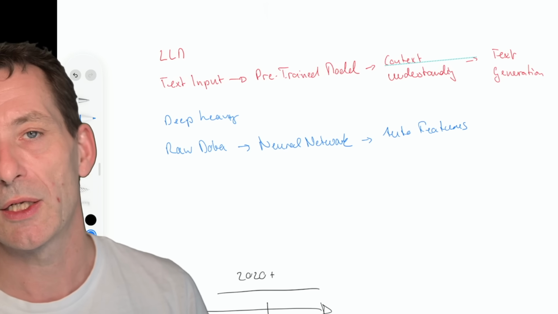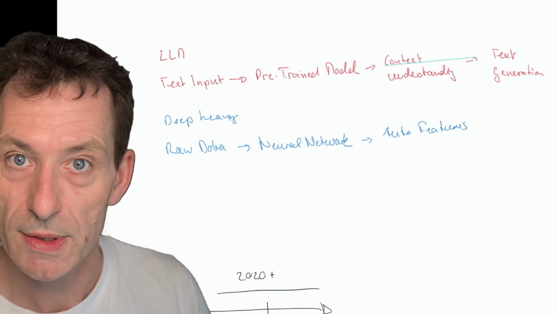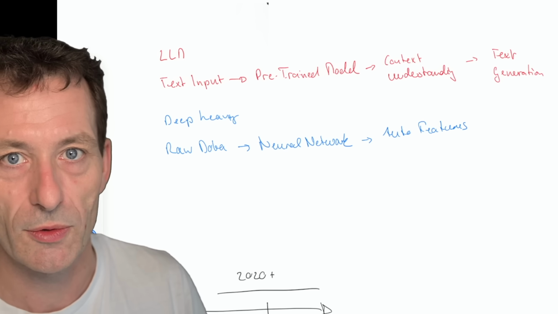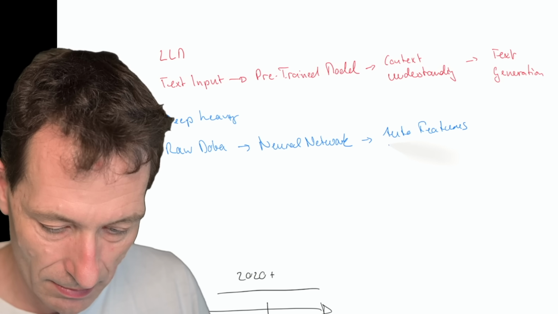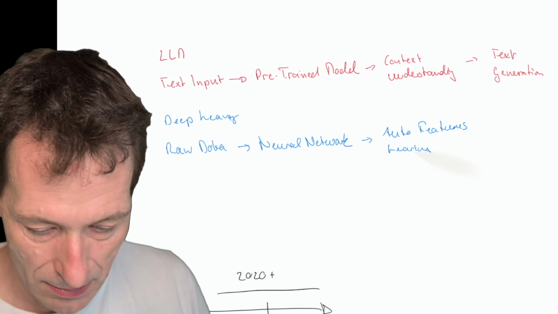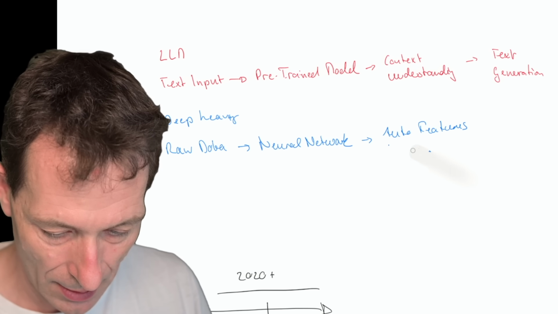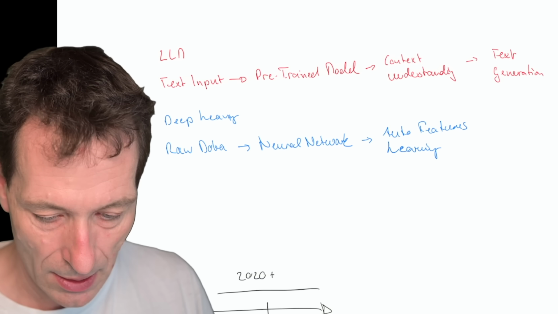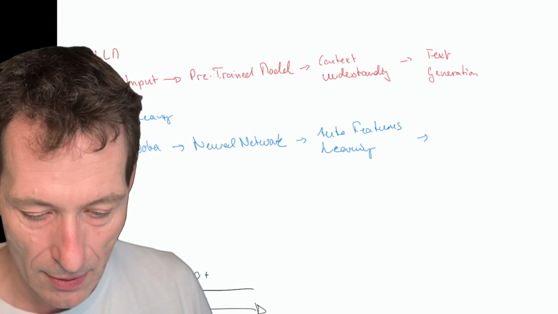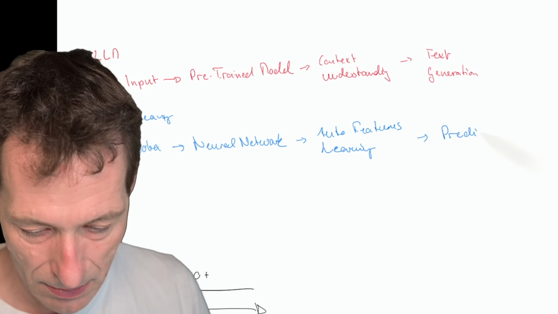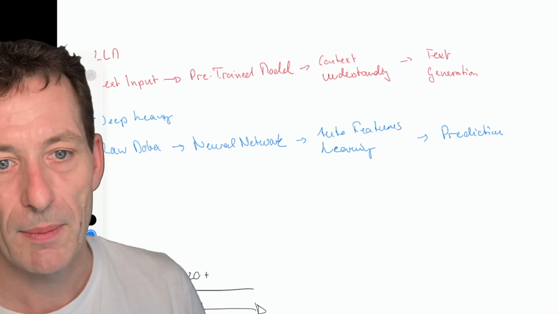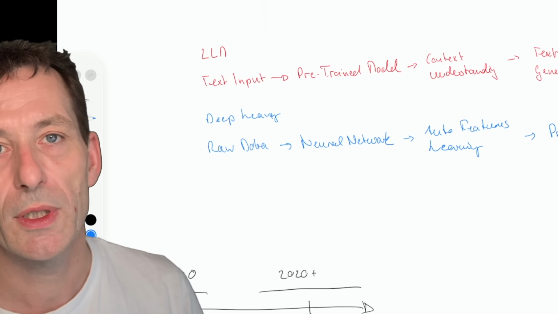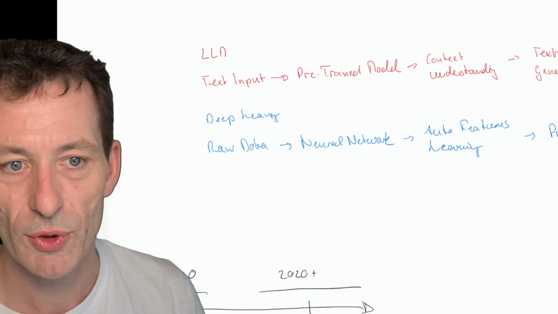Features in AI speak are important properties of your training data. Feature learning, and out of that there is a prediction based on that feature. So that's widely different, right? You input data, there is a neural network, it makes some feature learning and then makes some predictions.